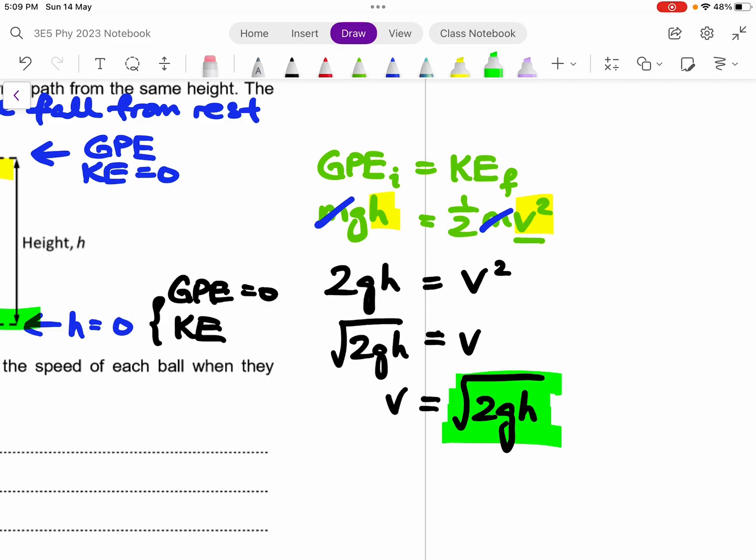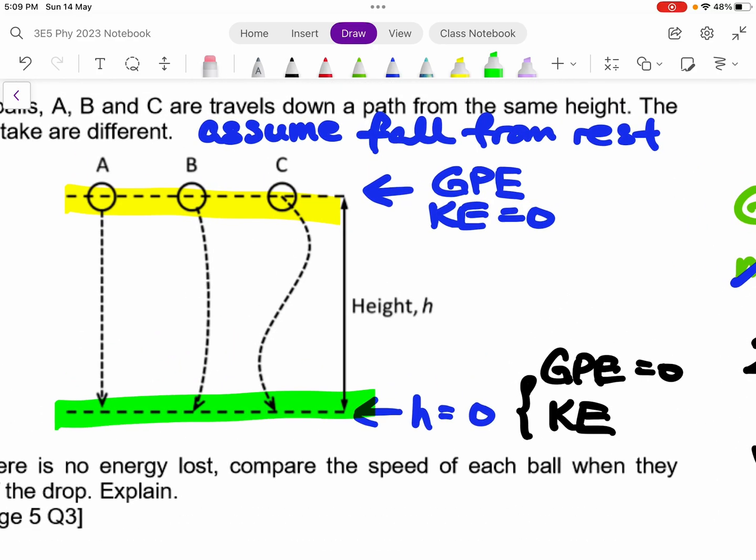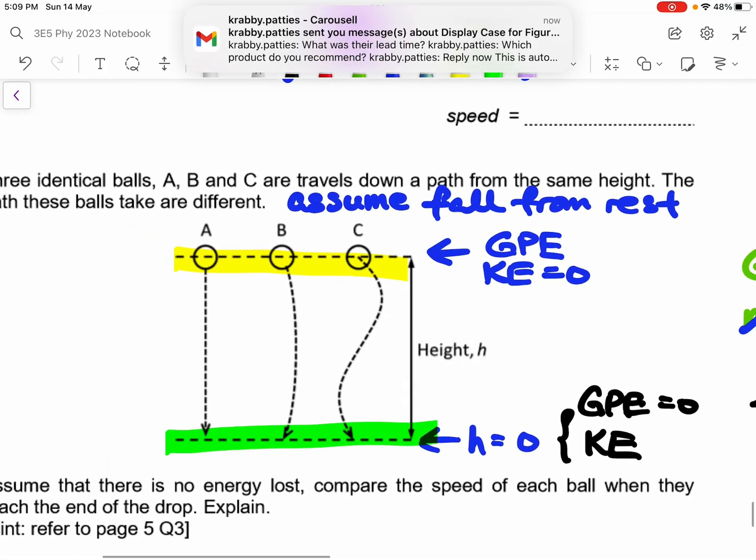But we all know that in real life, this does not happen, right? If your object is falling in a different path versus a straight path, you would know that the final velocity is different, right? So why? Like I said, this particular context is an oversimplification.